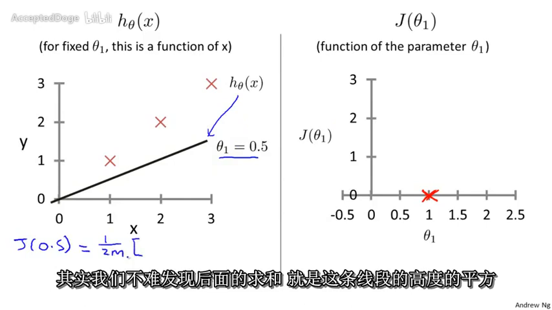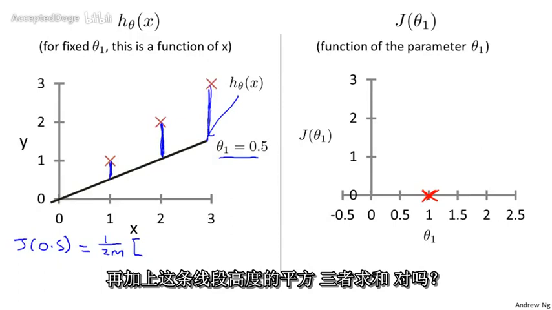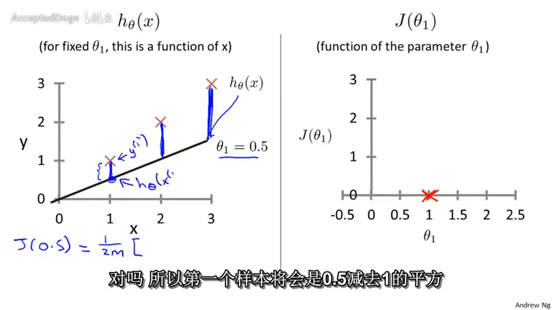It turns out that the cost function is going to be the sum of squared values of the height of this line plus the sum of squared of the height of that line plus the sum of squared of the height of that line, right? Because this vertical distance is the difference between y^(i) and the predicted value h of x^(i).